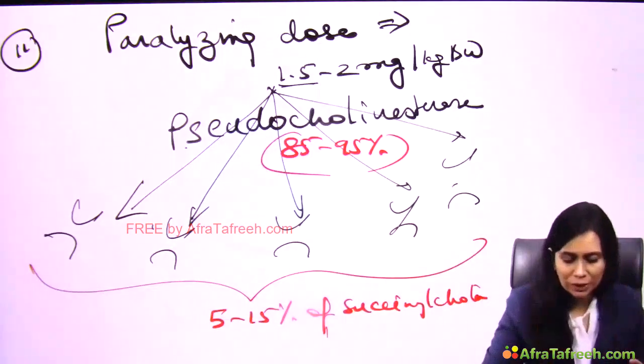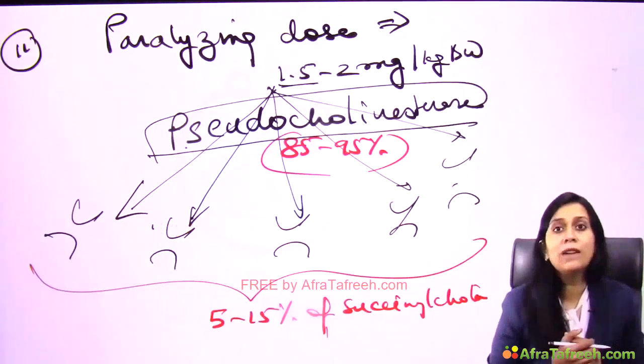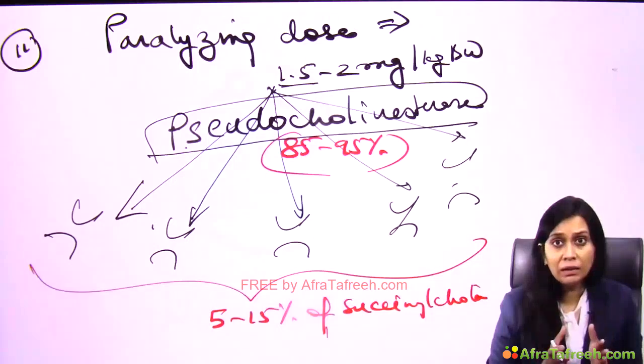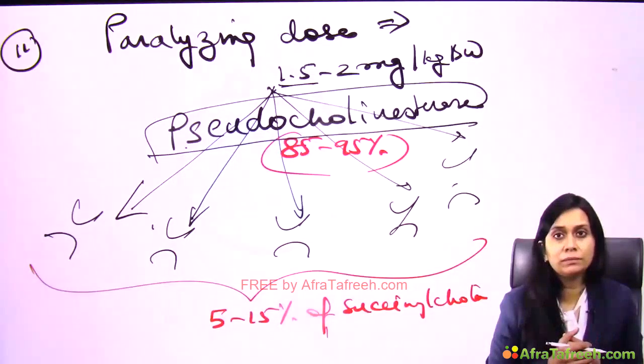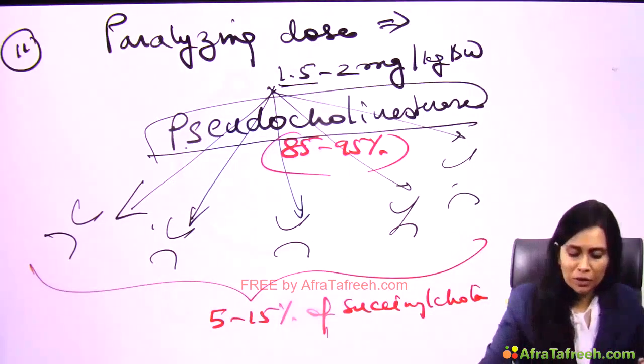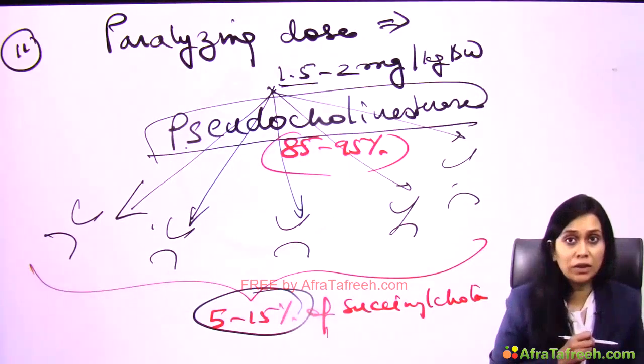The problem could be this enzyme, which is manufactured by the liver. It may be absent, or if it is there, it is faulty. Whatever is the case, I get a prolonged apnea because more than 5 to 15% reaches the neuromuscular junction.